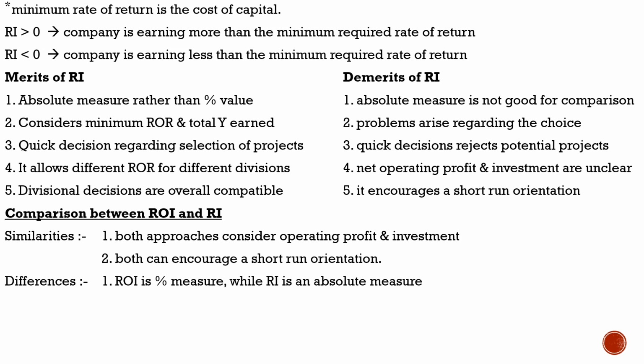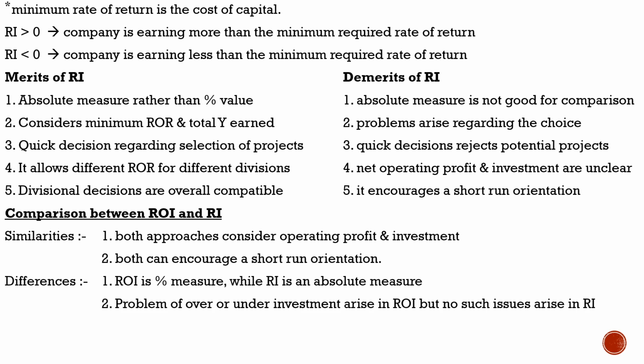So let us discuss the differences. Return on investment is a percentage measure, while residual income is an absolute measure. When the return on investment approach is used, the problem of overinvestment and underinvestment may arise. But there is no such problem under the residual income approach.